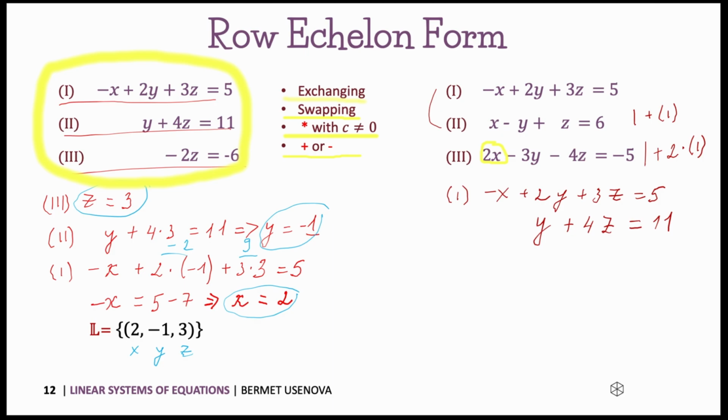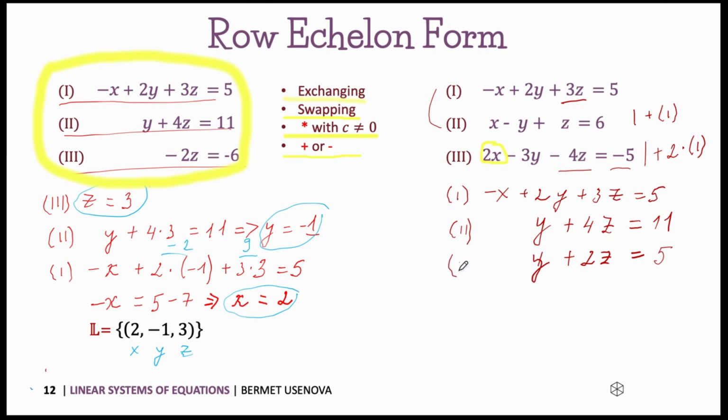Here we will have minus 3y plus 4y, which will give us y. And here we have minus 4z. And here we will have 6z. And 6z minus 4z will give us 2z. And minus 5 plus 10 will be 5.